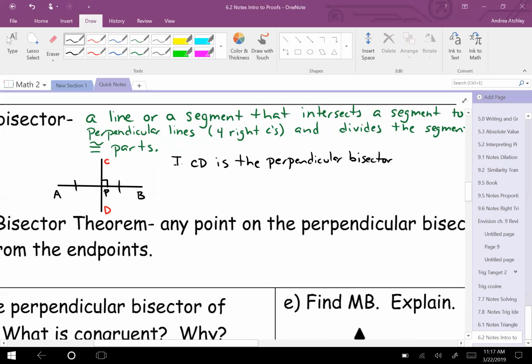We should say if CD is the perpendicular bisector, then segment CD is perpendicular to AB.